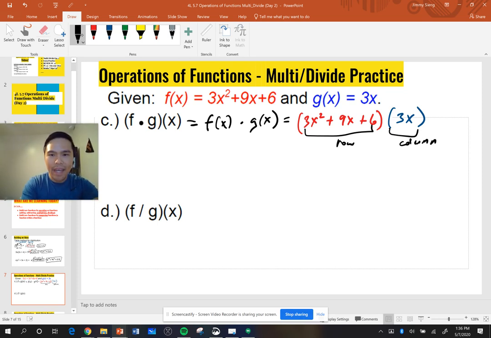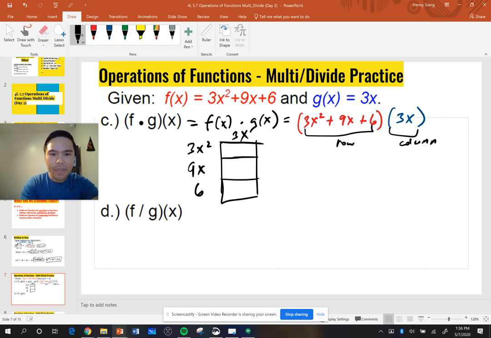So in this case, I have three terms and then one column. So I'm going to have a 3x squared, 9x, and a 6. So this is a 3 by 1. So 3 by 1.